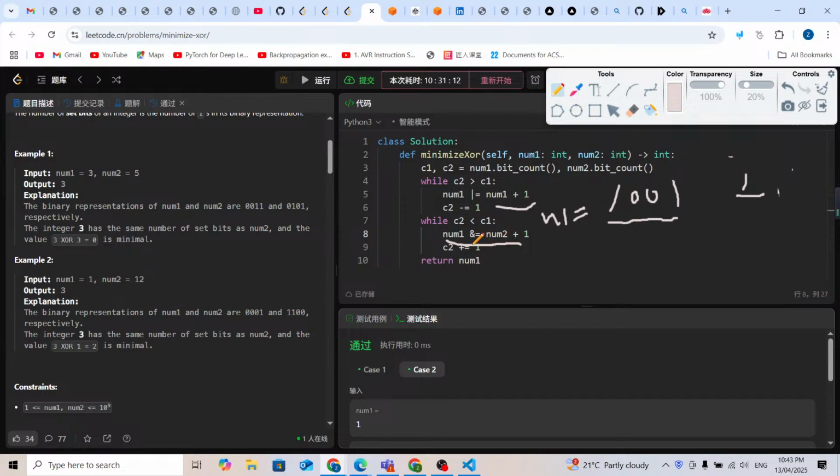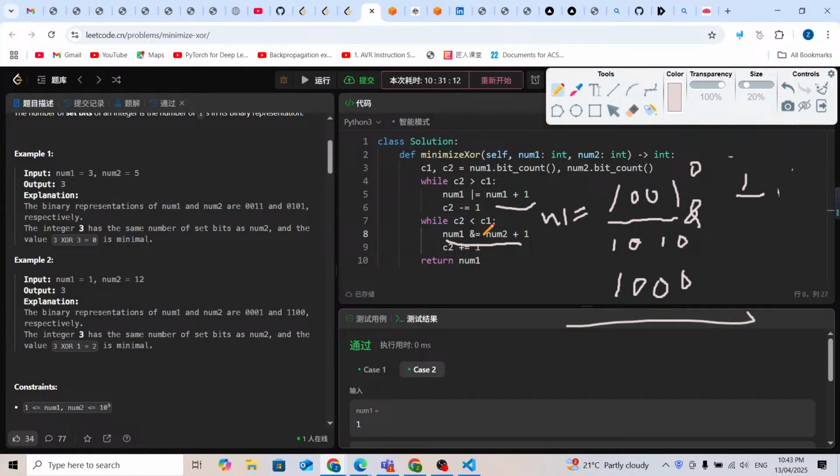So the formula is going to be nums1 add plus 1. So it's going to be 1 0 1 0, and here we're going to use the add operation. So while we use the add operation, the final answer is going to be 1 0 0 0. As you can see, we set this 1 to 0. So this is exactly what we are doing.